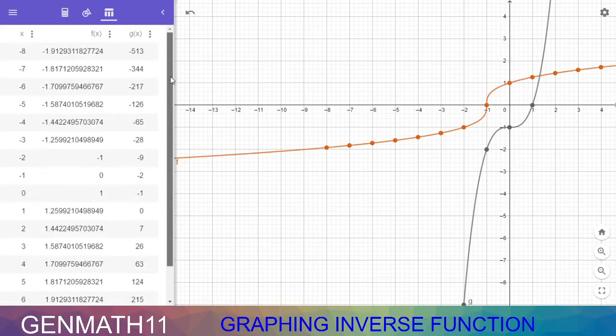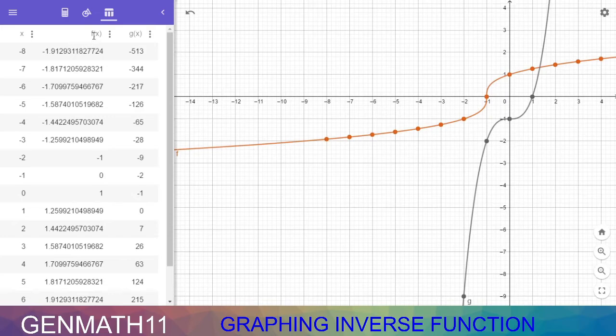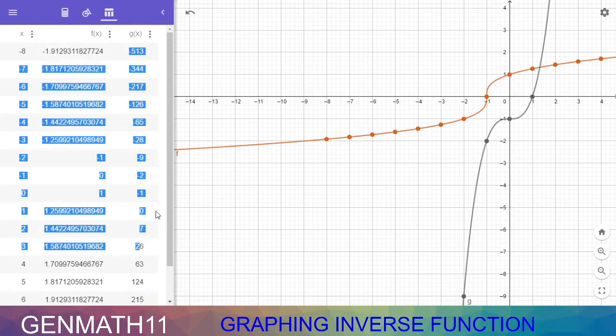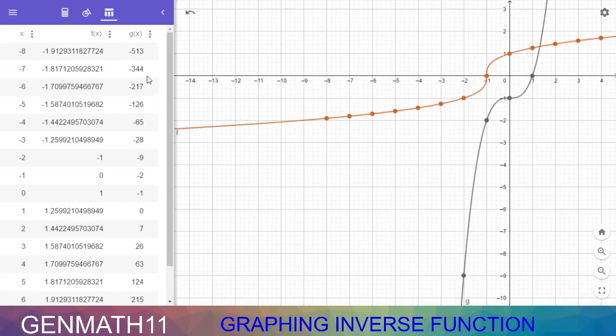Okay, yan. So, ibig sabihin, yung ating value ng f of x natin, siya yung magiging value ng ating x natin. So, kung mapapansin nyo dito, meron tayong g of x dito. Ibang value yan. So, kapag ang ating x is negative 8, siya ay negative 513. So, napakalayo. Then, kapag negative 513 naman, sa f of x, negative 8 yan.